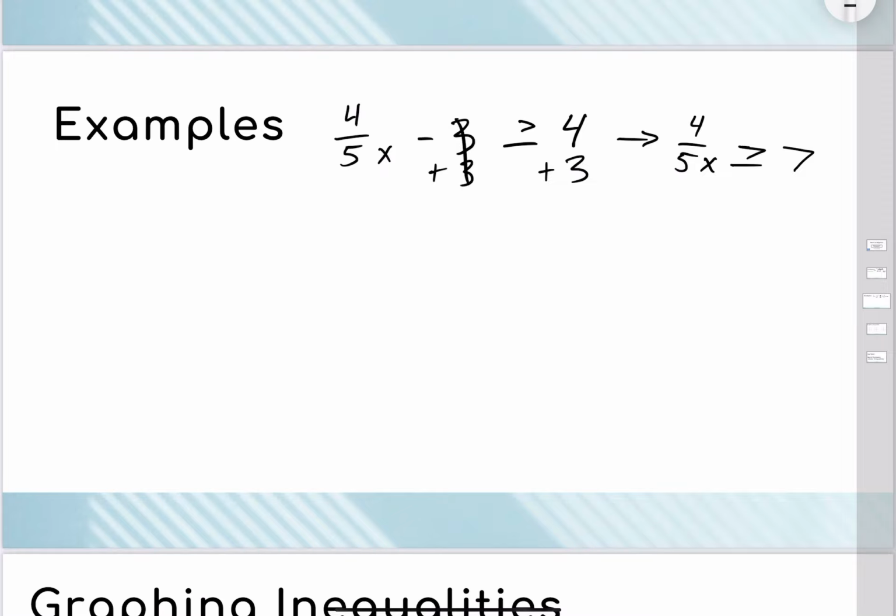All right, from here, we know that right now 4/5 and x are being multiplied, so we'll have to essentially do the opposite, or in this case, multiply by the reciprocal, right? It would usually be dividing by that leading coefficient, but because it's a fraction, we'll multiply by the reciprocal, which would be 5/4, which means both sides have to be multiplied by 5/4.